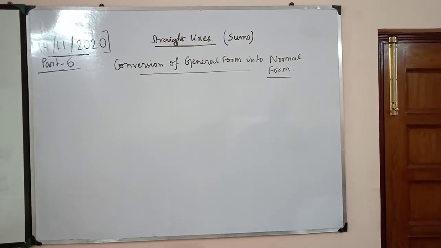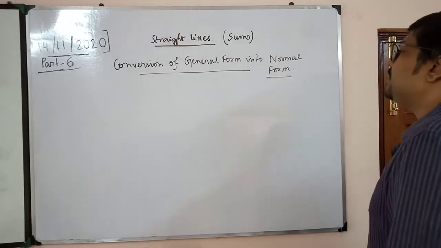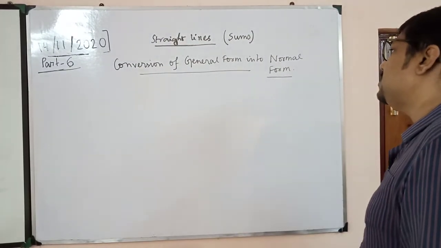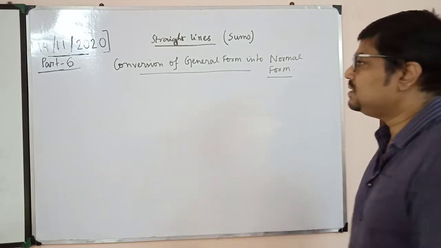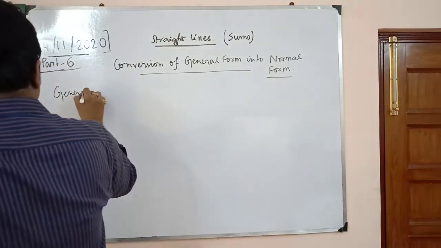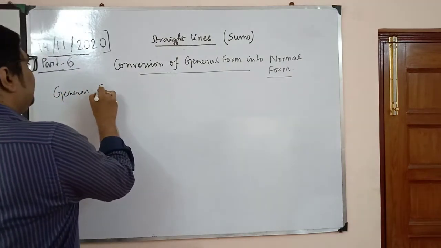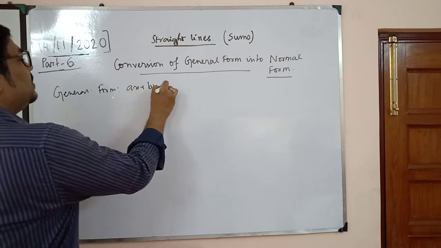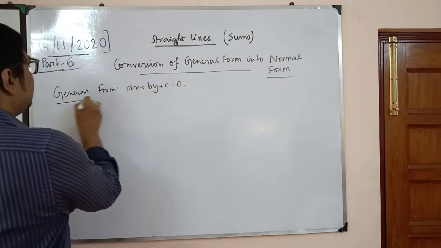This is a very important topic where we convert from general form to the normal form. That means we know that the general form equation is something like ax plus by plus c equals to 0. So this is the general form.